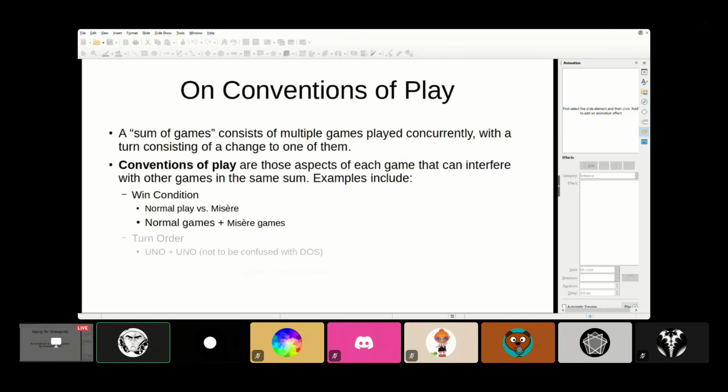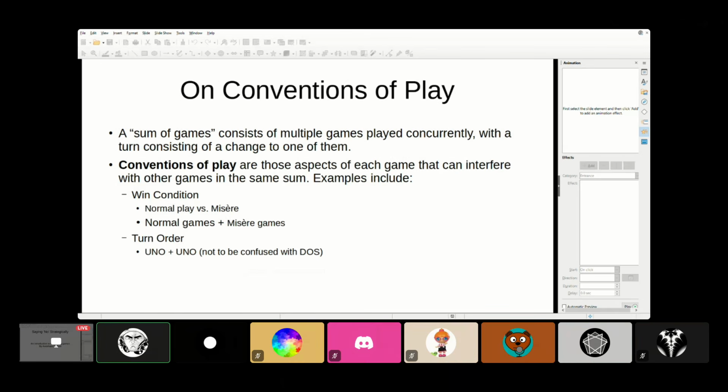Another way we can get a contradiction is with turn order. Imagine we all sit down and play Uno plus Uno. So I deal everyone here a hand of cards for a game of Uno, and then a different hand of cards for a different game of Uno. We can imagine everyone going around playing the games in parallel, putting cards on one pile or the other, depending on what game you want to play in.